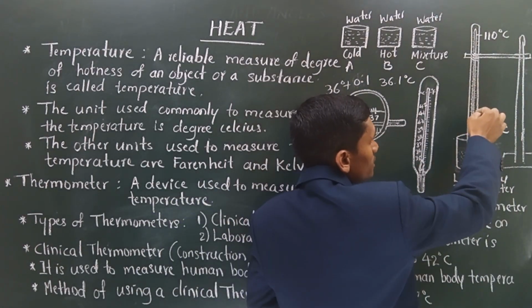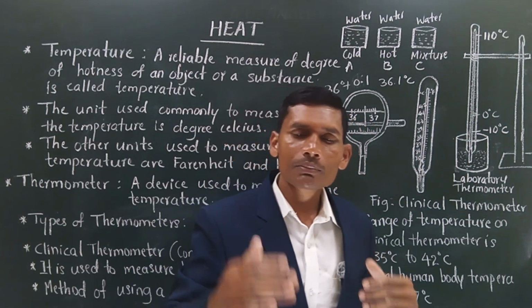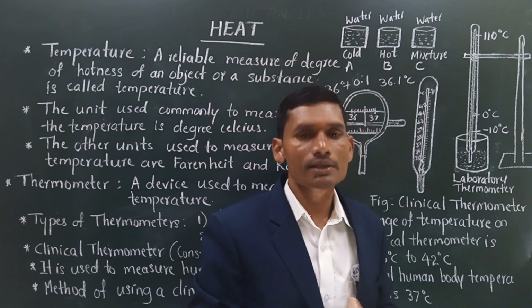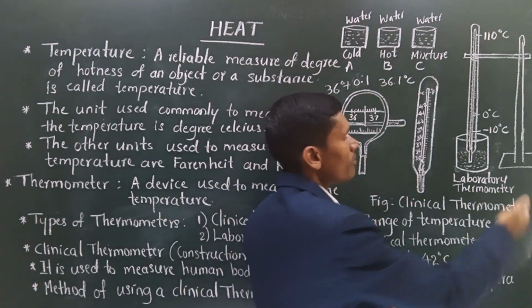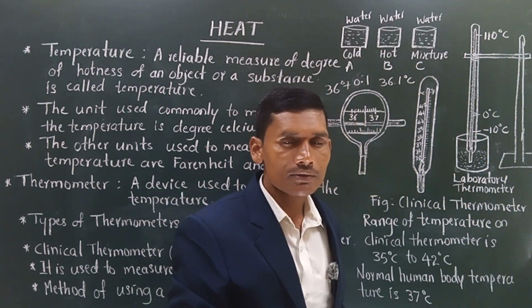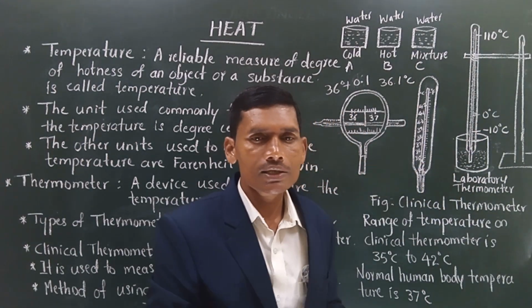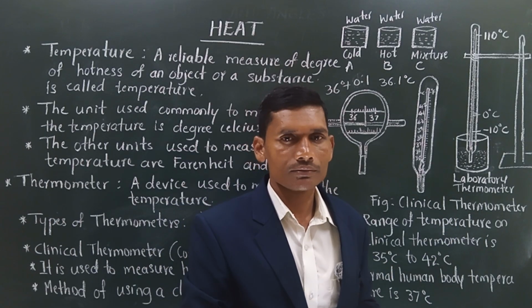The laboratory thermometer, first of all, is used for measuring the temperature of substances, not the human body, right? And its range is from minus 10 degrees Celsius to 110 degrees Celsius. It has a wider range as compared to the clinical one.